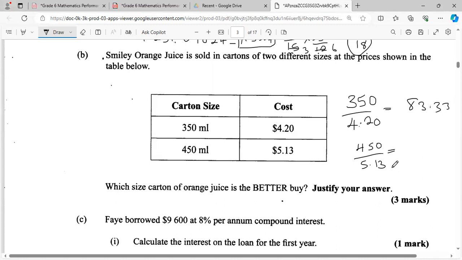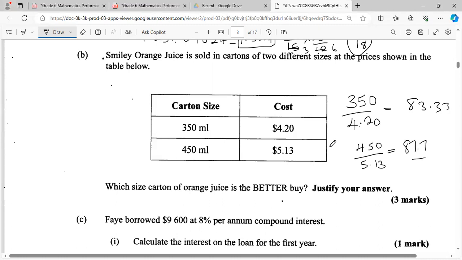Let's see what $1 gives you for this. So it's 450 divided by 5.13, and that's 87.7.